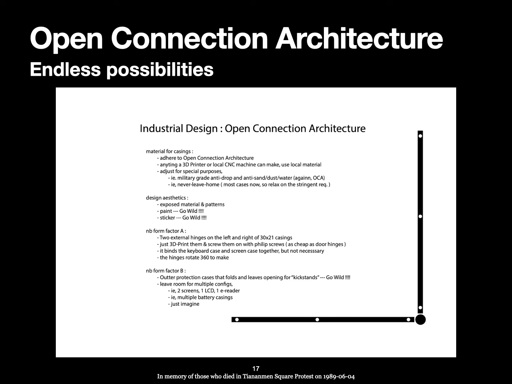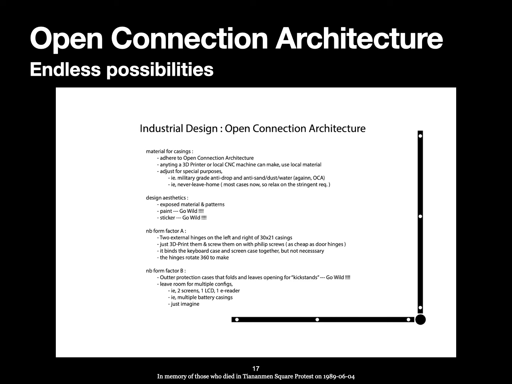So let's get back to what we talked about in the beginning of this video, the open connection architecture. Now, if the user follows OCA, the casings can be made from a 3D printer or a CNC machine with whatever material the user prefers.